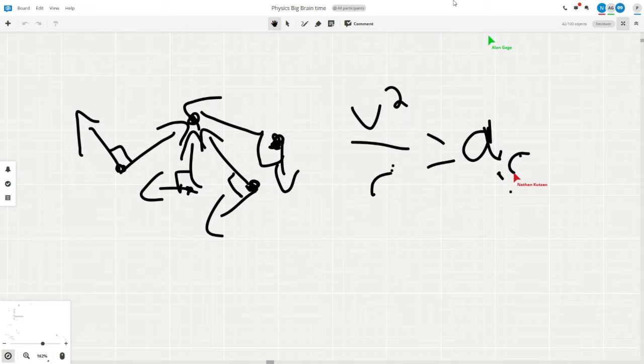And that is the last equation you need to know. And there's no true analog for that one. But you just have to remember, if we're in uniform circular motion, then v squared over r is going to be the acceleration towards the center of the circle. Any questions so far? Anyone confused?